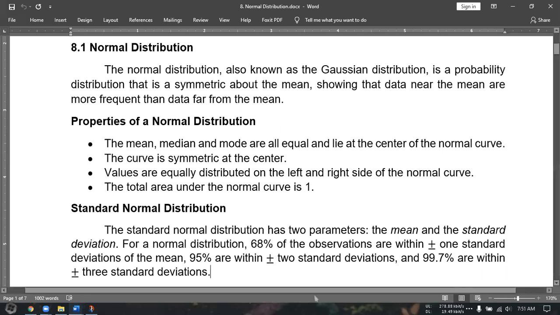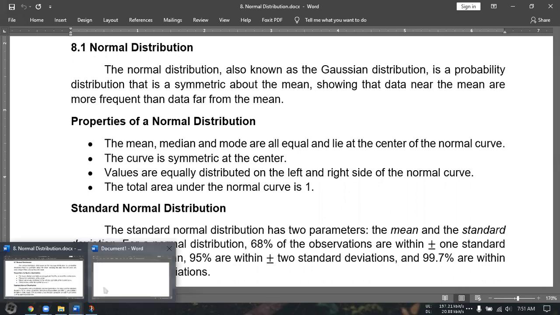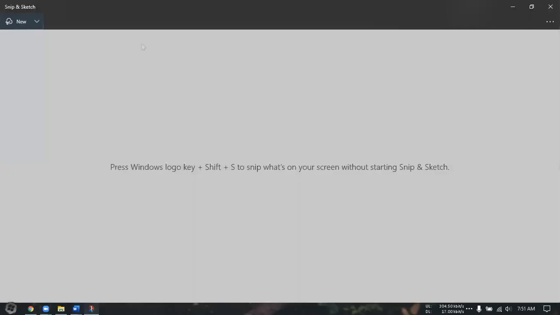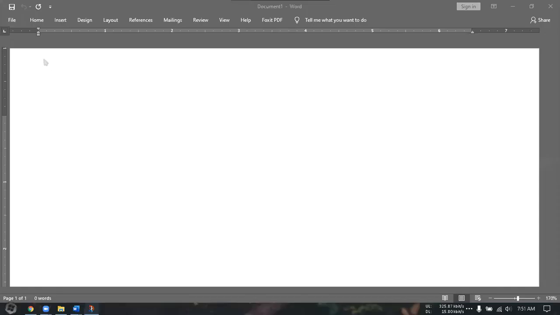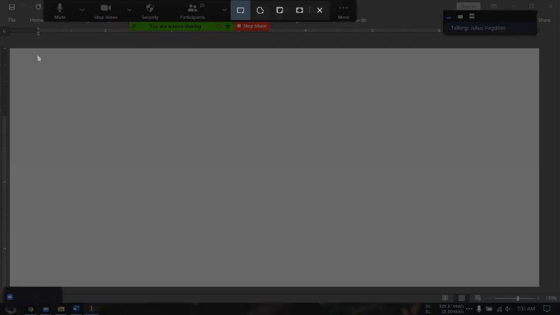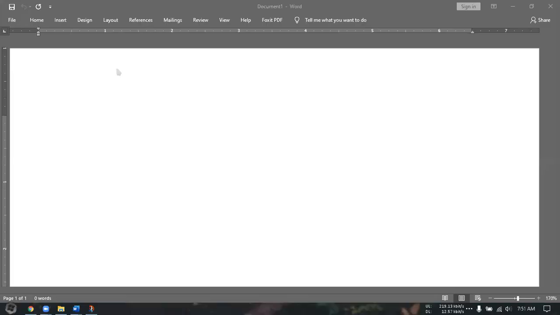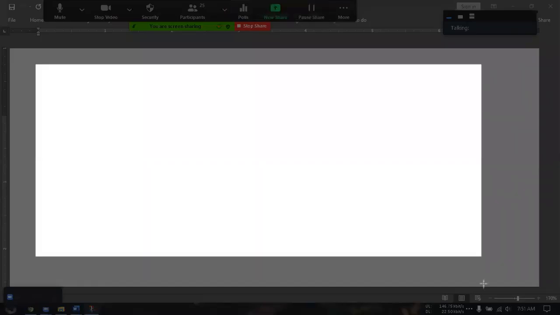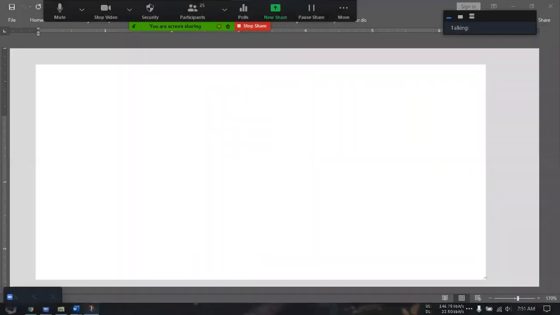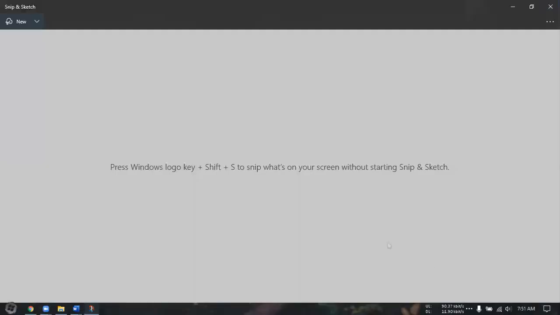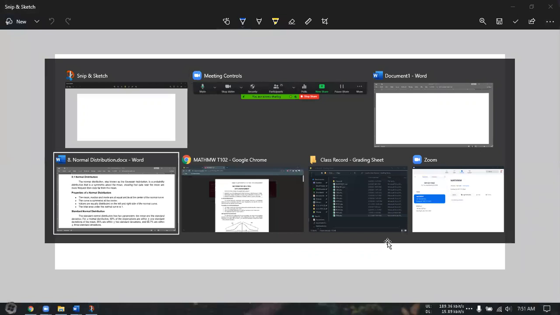Now let me illustrate this. Your normal curve looks like this.